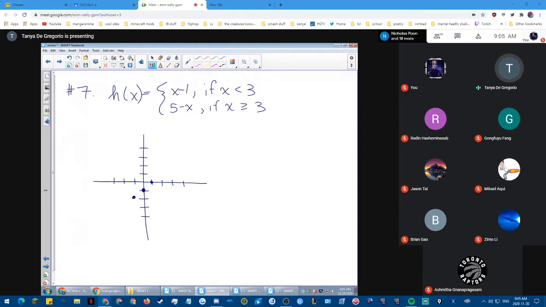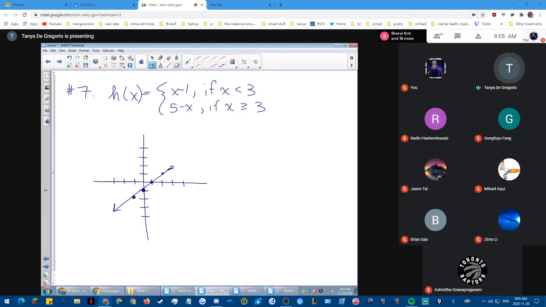We're going all the way to 3. Now here, I have an open circle, correct? That's what's happening when x is less than 3.